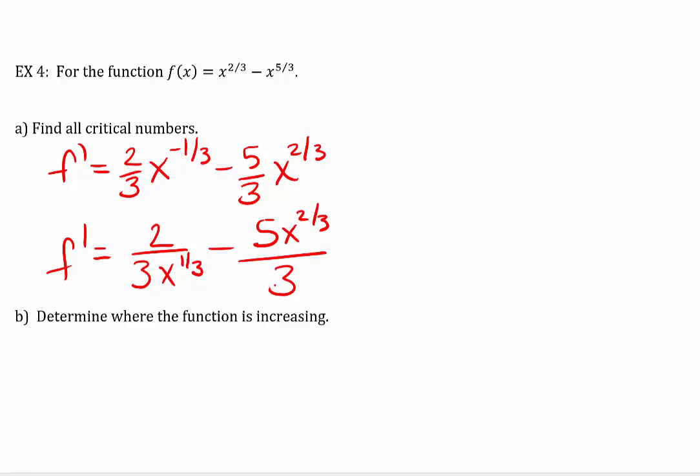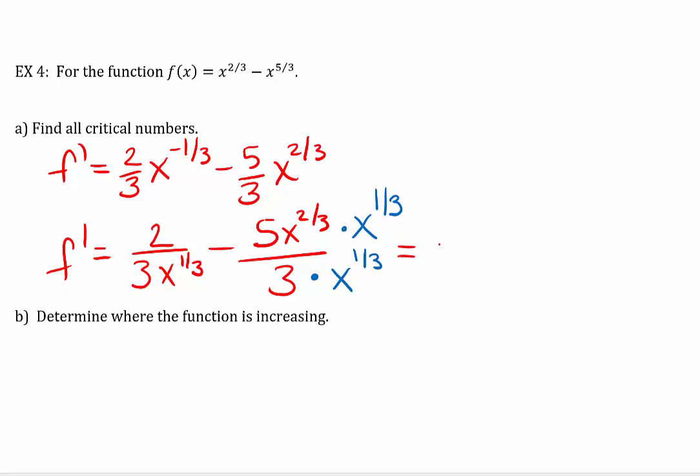And then I need to figure out, where is this derivative equal to 0? Where is it undefined? To help me do this, I am going to combine these two terms into a single fraction. So I'm going to get a common denominator. I'm going to use 3x to the 1/3 as my common denominator.